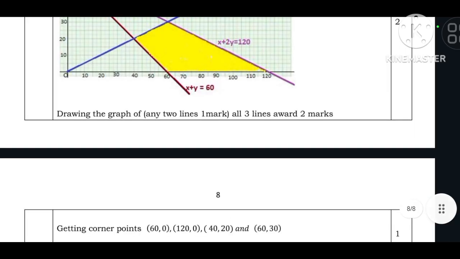Drawing the graph of 2 lines is 1 mark and all 3 lines ordered is 2 marks. The total is for 4 marks.